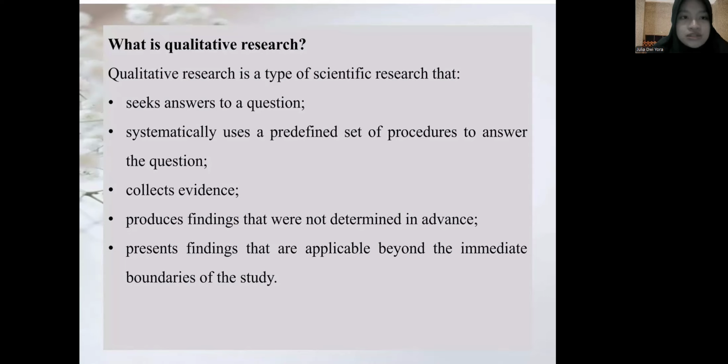So, in qualitative research, there are questions that we need to find the answer to. It systematically uses a predefined set of procedures to answer questions, collects evidence, produces findings that were not determined in advance, and presents findings that are applicable beyond the immediate boundaries of the study.